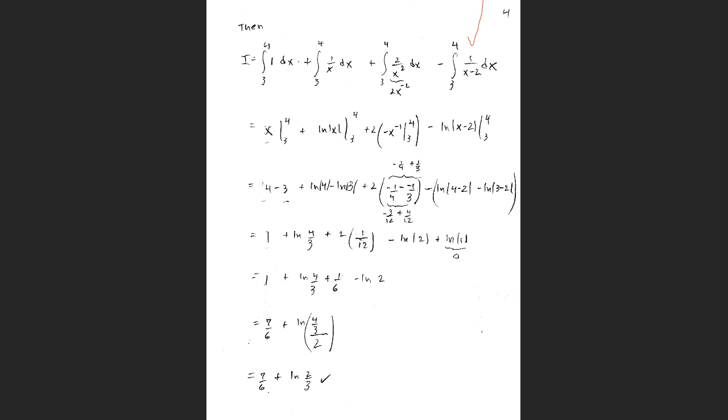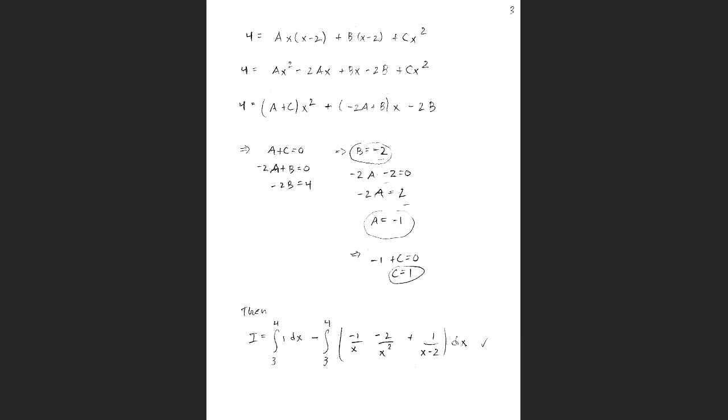Yeah, let me go back here. Good question, good question. Yeah, so this negative here, I distributed it to each term. Oh, okay. All right, very good question. All right, and so that gets me here.